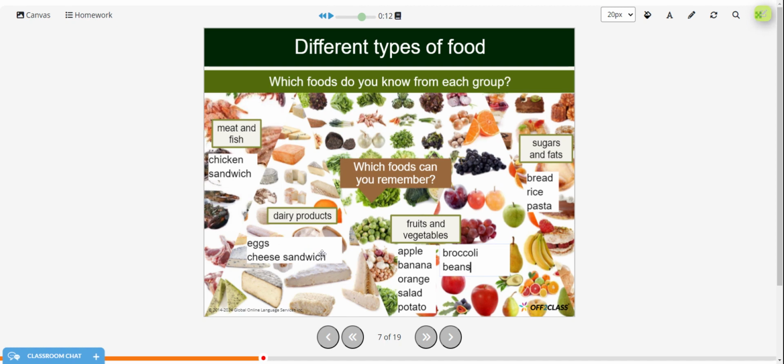Cheese would go under dairy products. Butter. Butter is also a dairy product. Cake. Cake, sugar and fat. Cookie. Cookie, also sugar and fat.